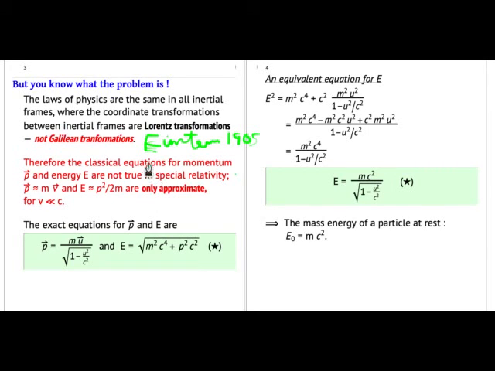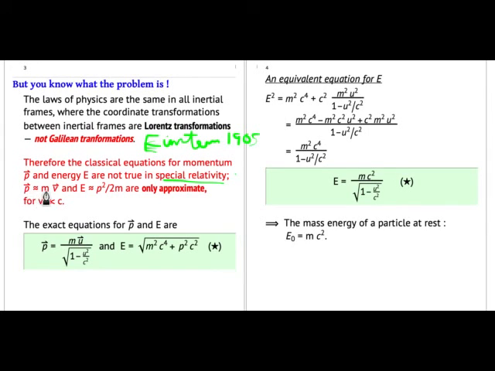But that's not the true coordinate transformation between inertial frames in reality. So those definitions of P and E are not true in special relativity. Of course, special relativity is the more complete theory of space and time.